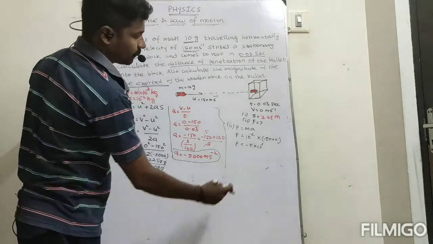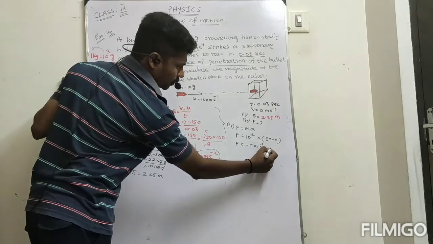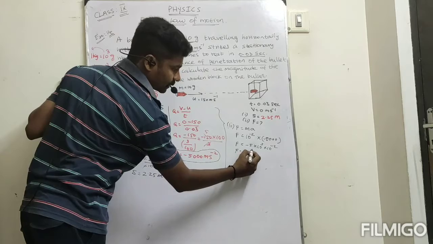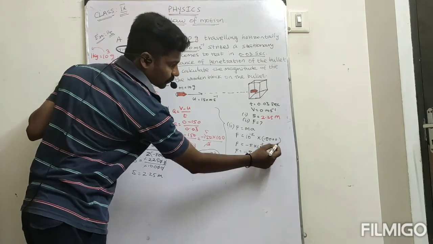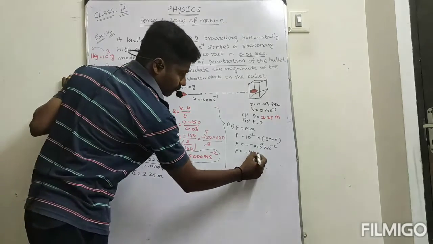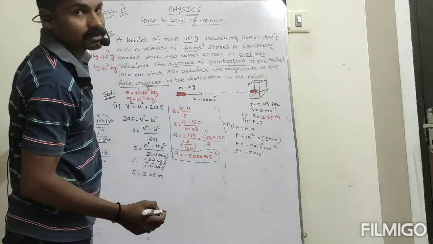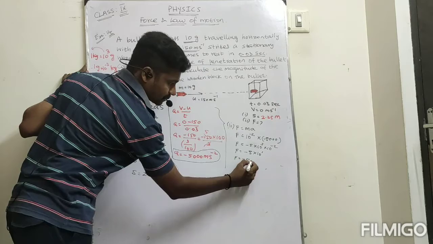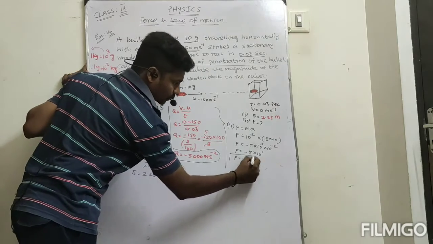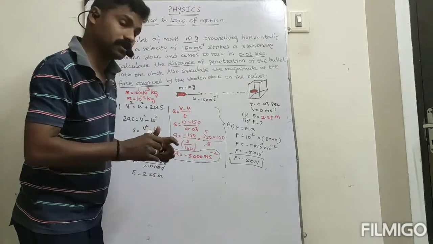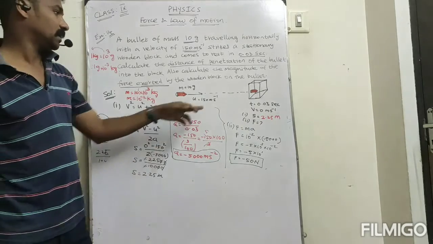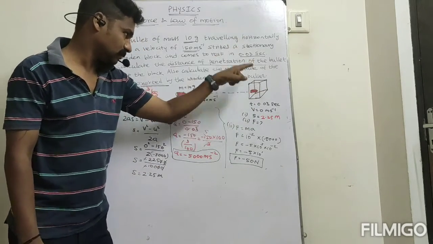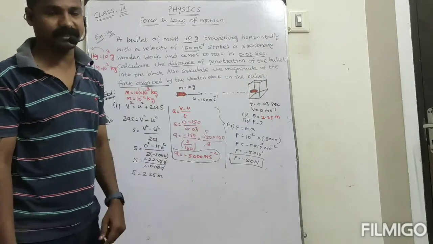So F is equal to minus 5 into 10 power 3 into 10 power minus 2, which is 10 power plus 1, that is nothing but 10. So 5 into 10 is equal to 50. So minus 50 Newton.